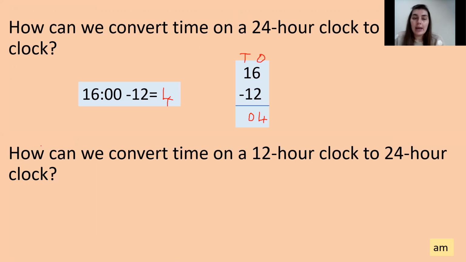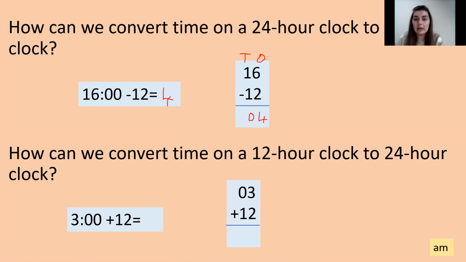Now, if we have to subtract to convert the time on a 24-hour clock to a 12-hour clock, what do you think we might need to do to convert the time on a 12-hour clock to a 24-hour clock? We are going to add. We are going to do the inverse operation, and that is adding. So I am taking 3 and I'm going to add 12.